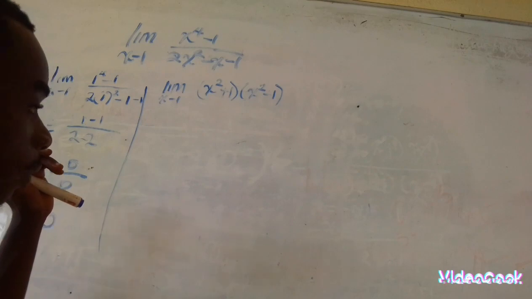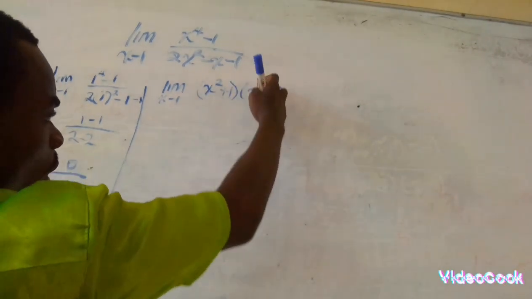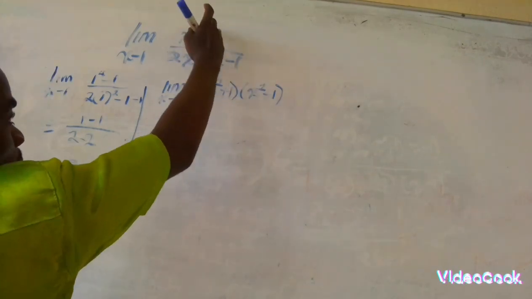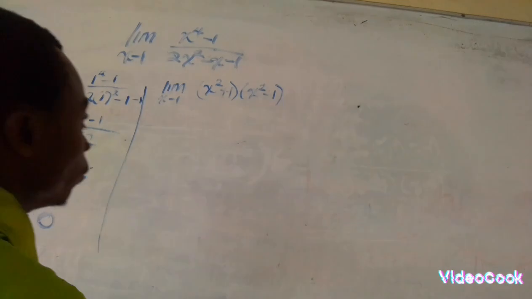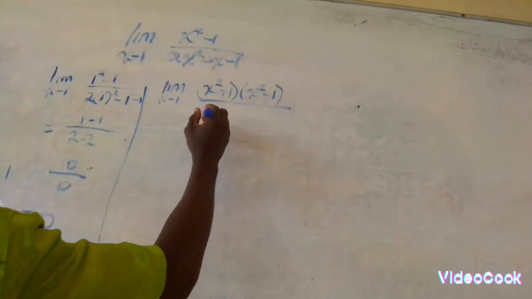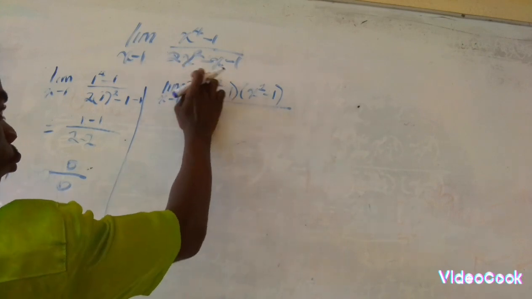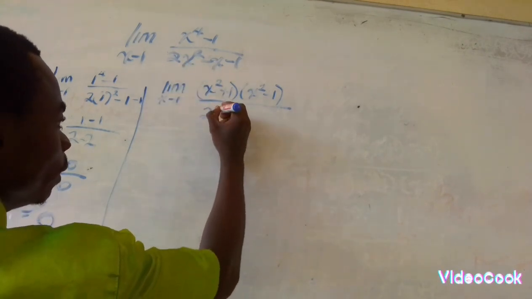So x squared plus 1 times x squared minus 1 gives us x to the 4th power minus 1. Now let's proceed. Let's factor out the denominator. If we factor out the denominator, we say it's going to be equal to, okay, what do we do here?